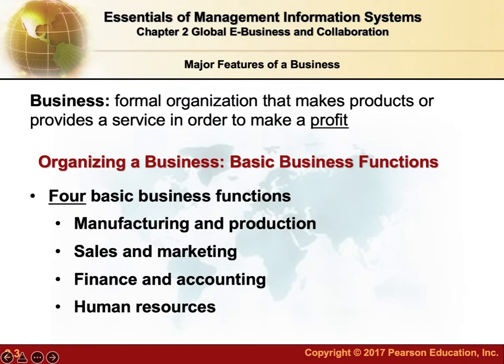So in business, the basic functions you have, for example, four: manufacturing and production, sales and marketing, finance and accounting, and HR. For example, iPhone, where they manufacture products, or it could be bags, Coach bags, or LV, okay, where companies' objective is to make profit.